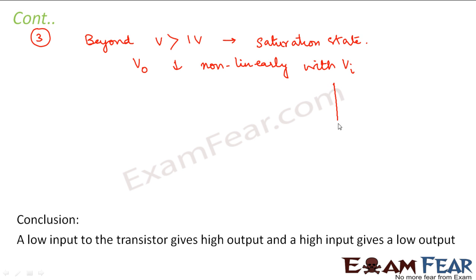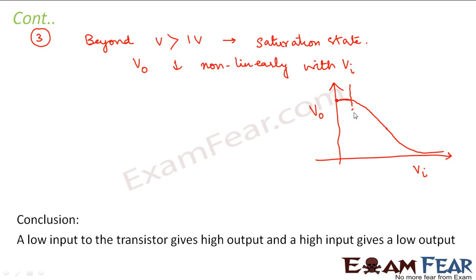So now if we plot these three variations in a graph, how will the graph look? Let us suppose this is Vi and this is Vo. Initially V0 was equal to VCC. Let us suppose this is some value VCC. So it remained at VCC, constant. After that it entered the active mode where it decreased linearly. And then it entered another mode where it decreased non-linearly.